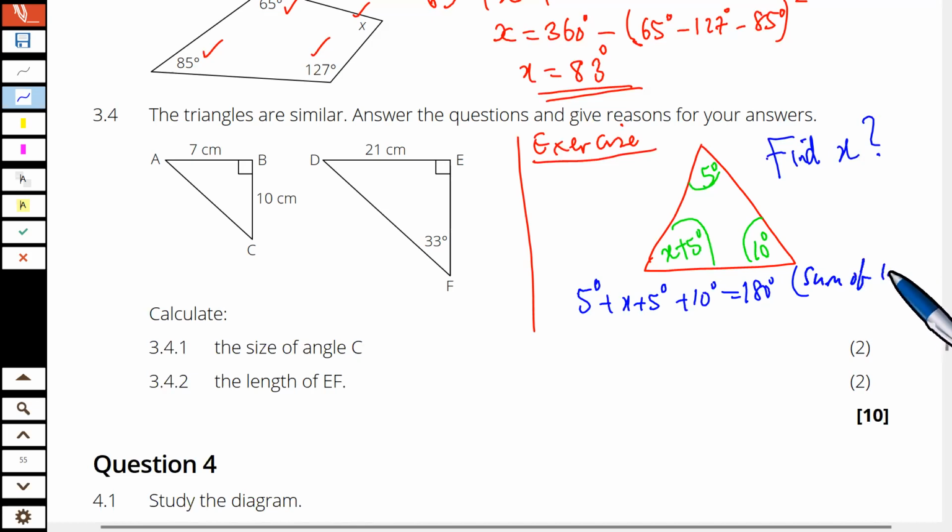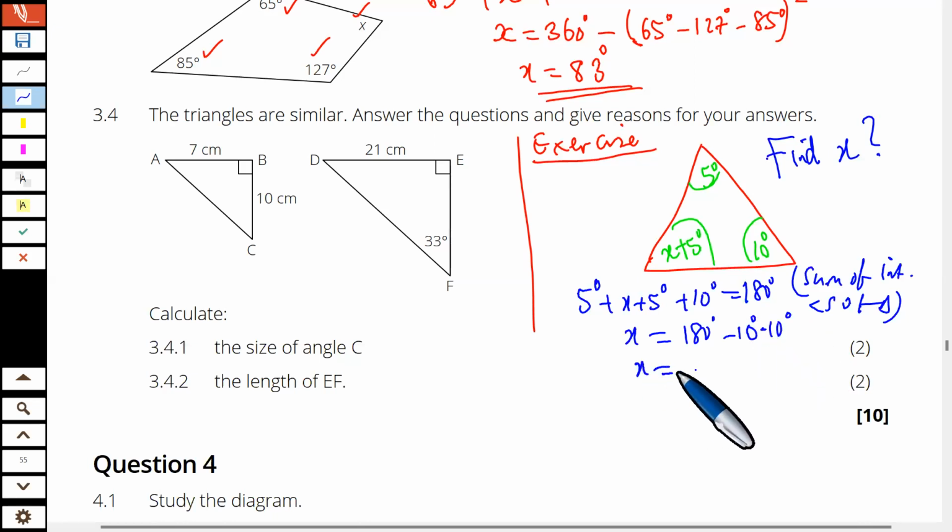So this is the sum of interior angles of a triangle. Which means that x is equal to 180 degrees minus 10, but 5 plus 5 is also 10. So x is 180 minus 20, which is 160 degrees. So x is 160 degrees.